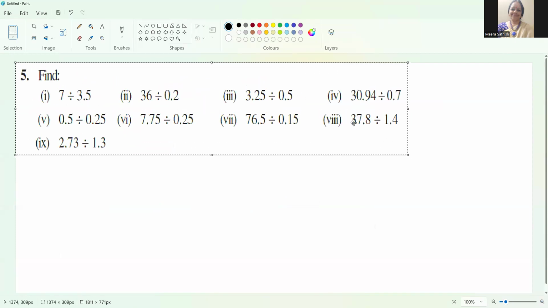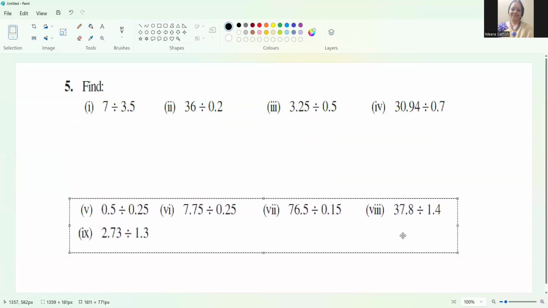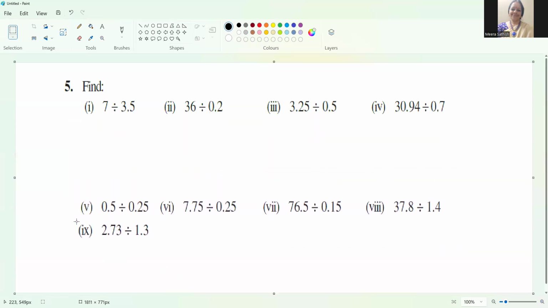Here, both numerator and denominator are decimal. So, a different way of doing it. You cannot simply divide the numerator and divide the denominator and put some decimal which you like. It's not like that. It will go wrong. So what we will do is, here, the numerator is a whole number.